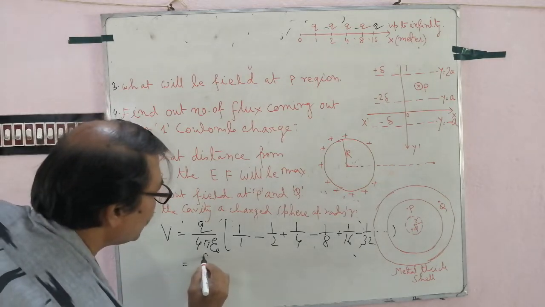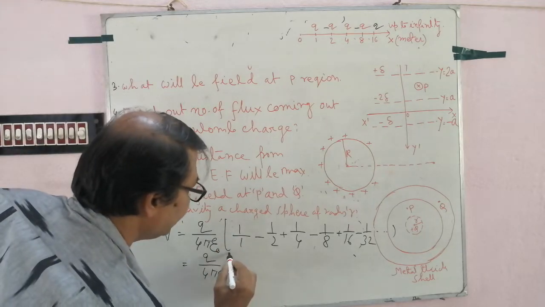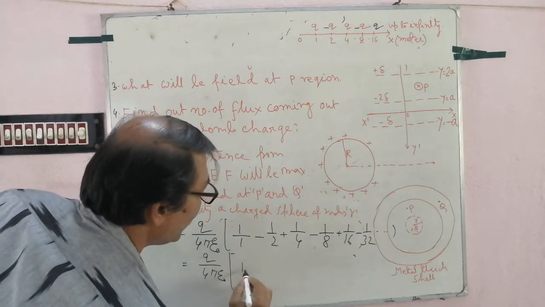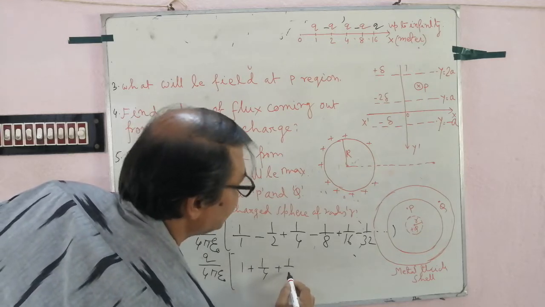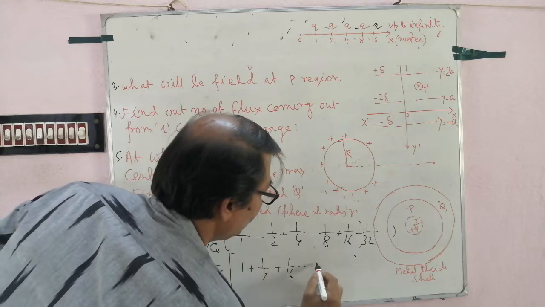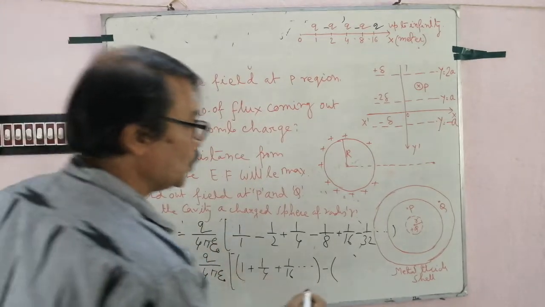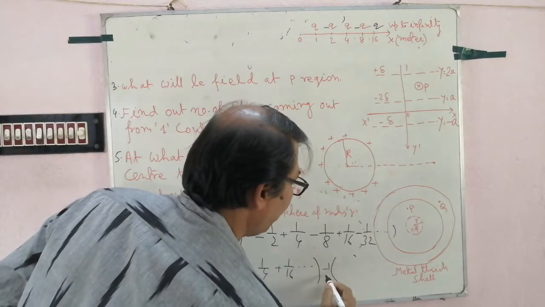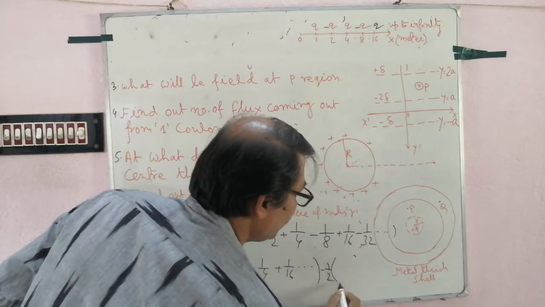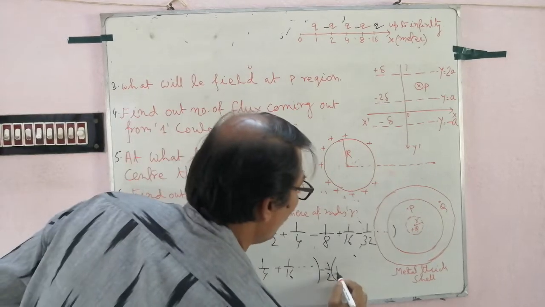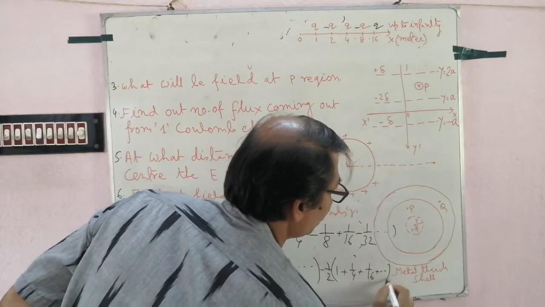Look at q by 4 pi epsilon naught, potential, that is 1 plus 1 by 4 plus 1 by 16 dot dot dot, first series, minus common half, minus half common, the result will be 1 plus 1 by 4 plus 1 by 16 plus so on.